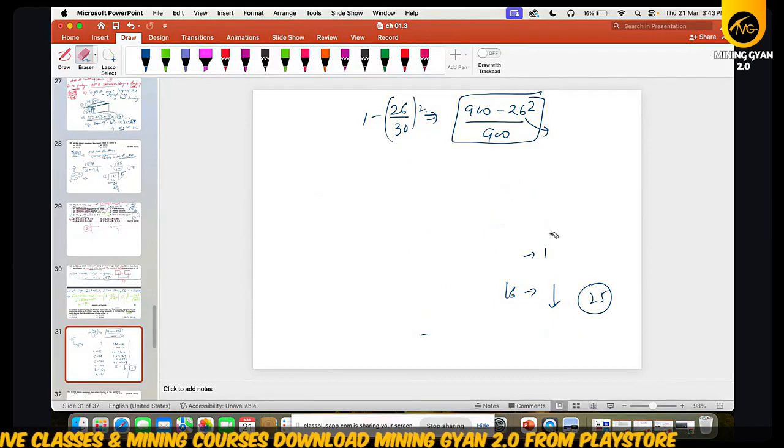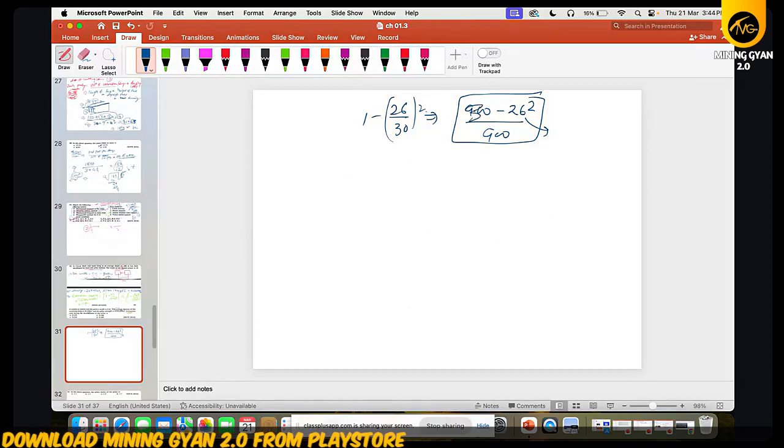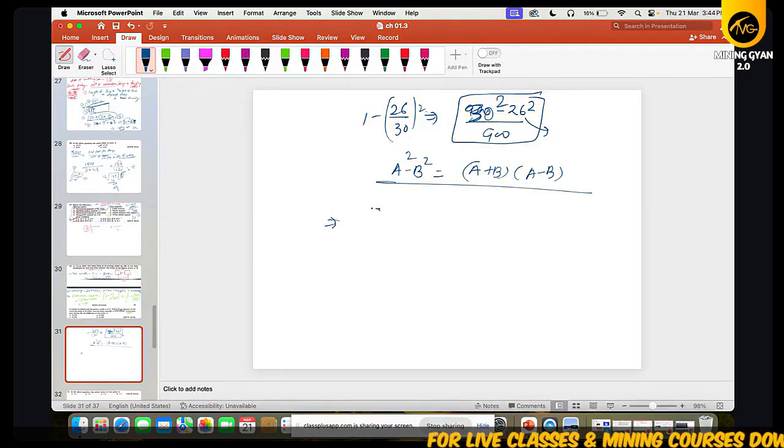And if you don't know the value, I told you that a squared minus b squared equals (a plus b) times (a minus b). This formula we can use. So then this will be one plus and one minus, divided by 900.